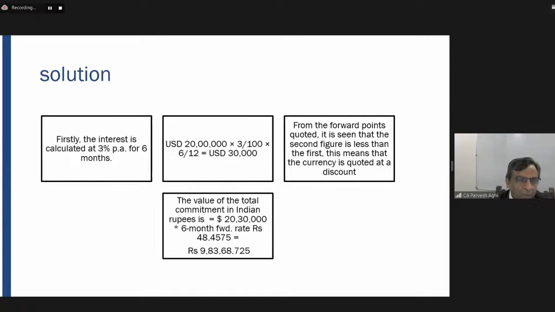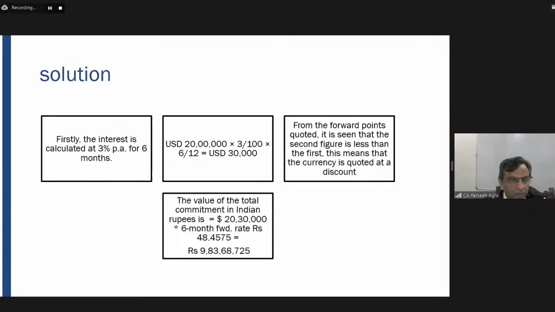The value of the total commitment in rupees will then be 20 lakhs 30,000 multiplied by the forward rate of 48.4575. That means it is going to be 9 crore 83 lakhs 68,725. So that means he is going to pay this after 6 months.